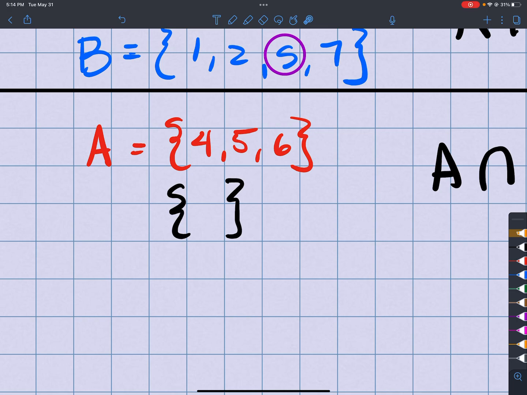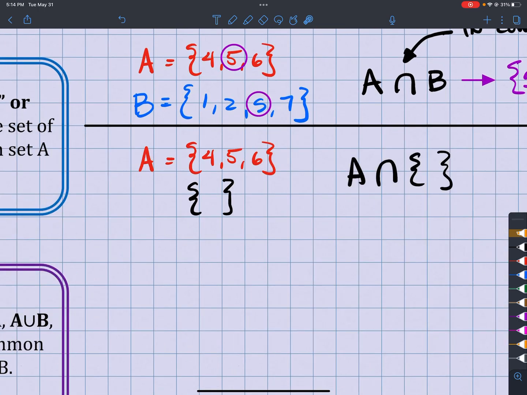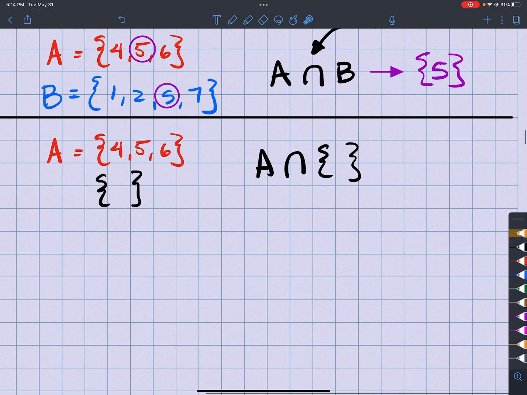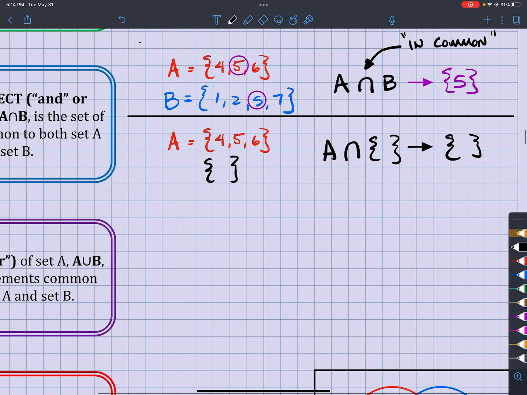There's no 4, there's no 5, there's no 6, there's no any other number. All right? So what do they have in common? They have absolutely nothing in common. So this would result in an empty set again. Okay?